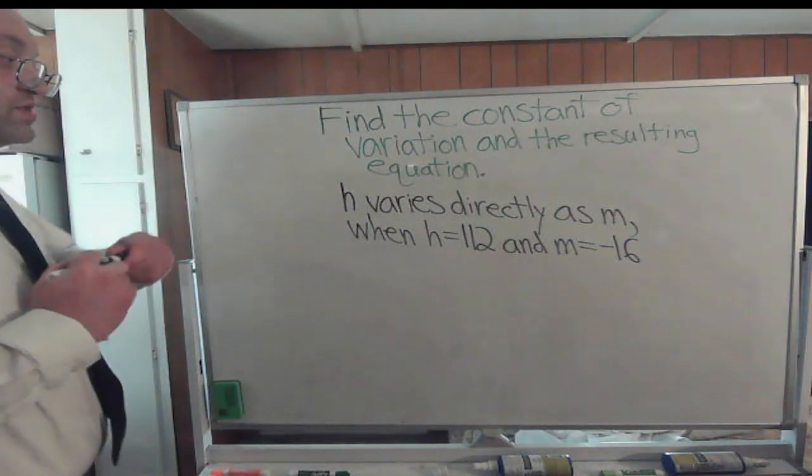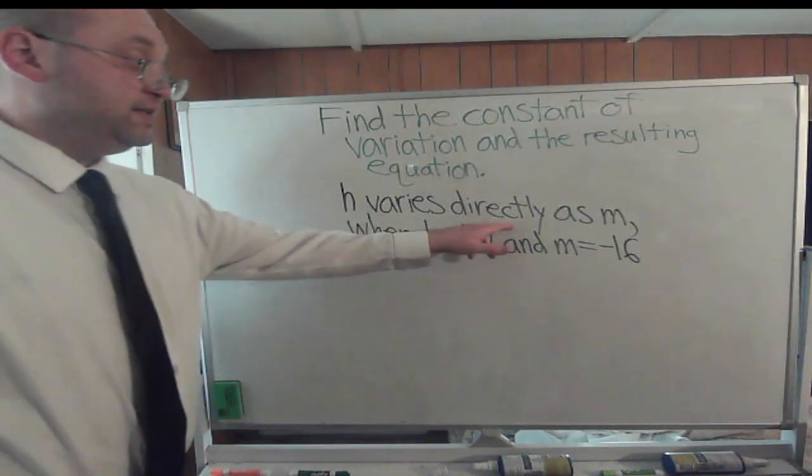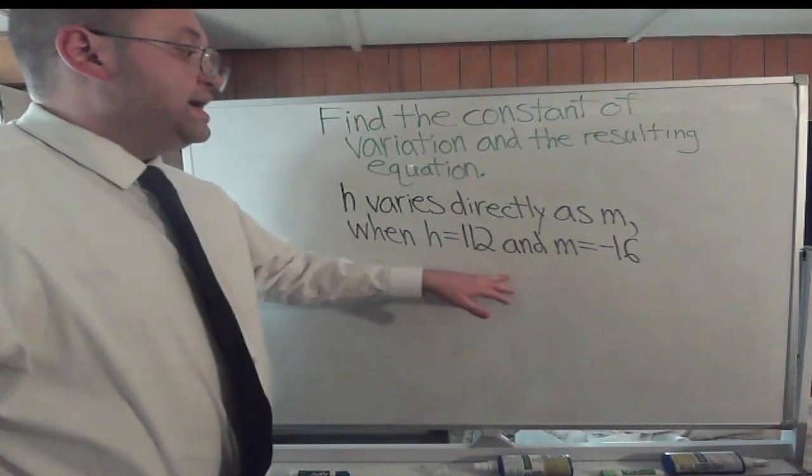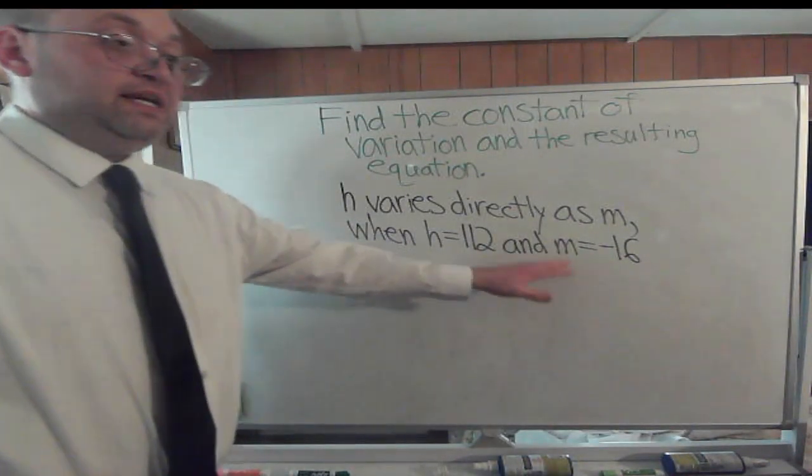Alright, so we have this one here. H varies directly as m when h equals 112 and m equals -16.